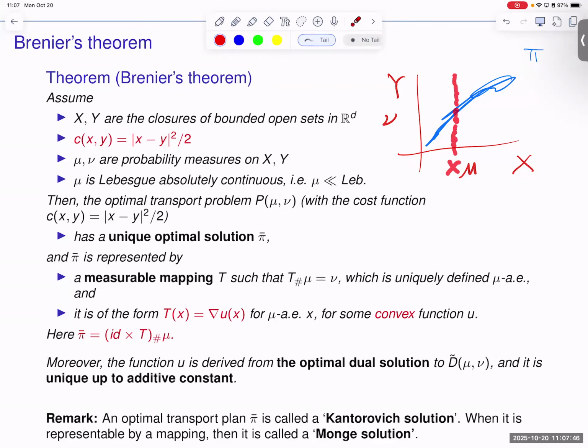But a mapping is like, let's say, you transport people in this room to another room. You don't want to split a person, right? So a person goes to one location in another room, right? That's like a mapping.